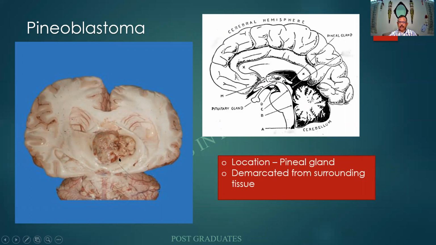Here I find that the tumor is quite well circumscribed, but obviously the location is not very enjoyable. The patient will be having immense amount of pressure. Even if it is small, it will be preventing the drainage of the cerebrospinal fluid and hence increased pressure. The location is in the region of the pineal gland, well demarcated. That is one advantage over here. It is well demarcated from the surrounding parenchyma.